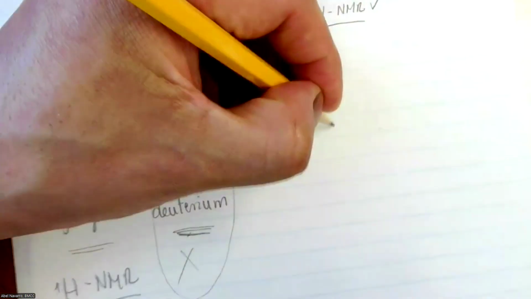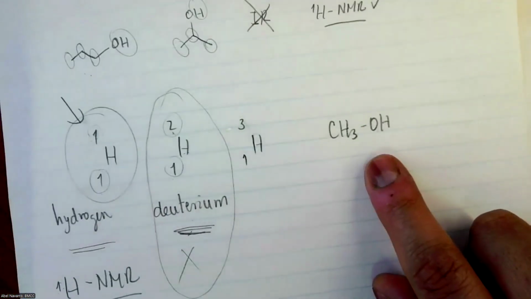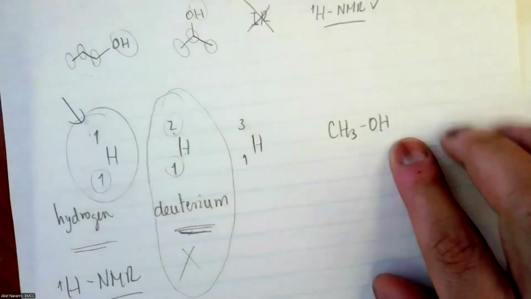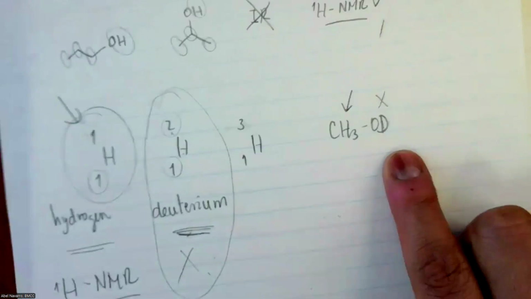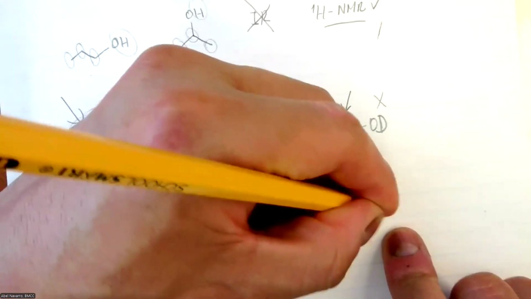So for example, if you have methanol, in this sample I want to see the CH3, but I don't want to see the H. Okay, so you don't want to see the OH? That's okay. Let's replace that H with a deuterium. So you will see this one, but you will not see the deuterium. You can do the opposite. You can do CD3OH.